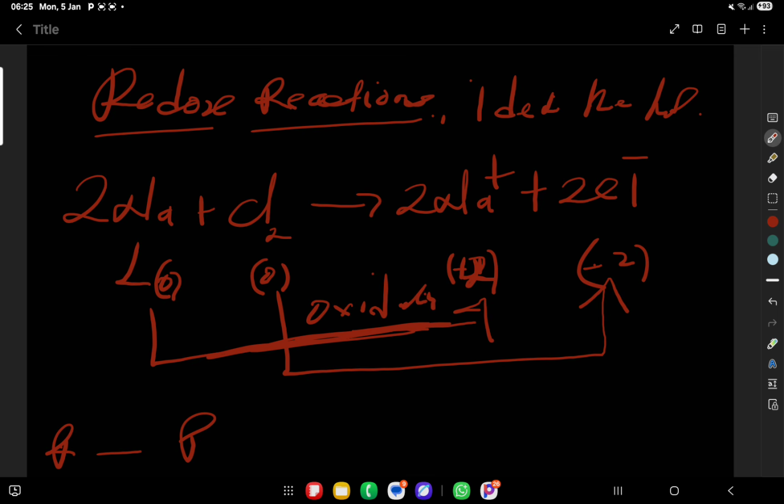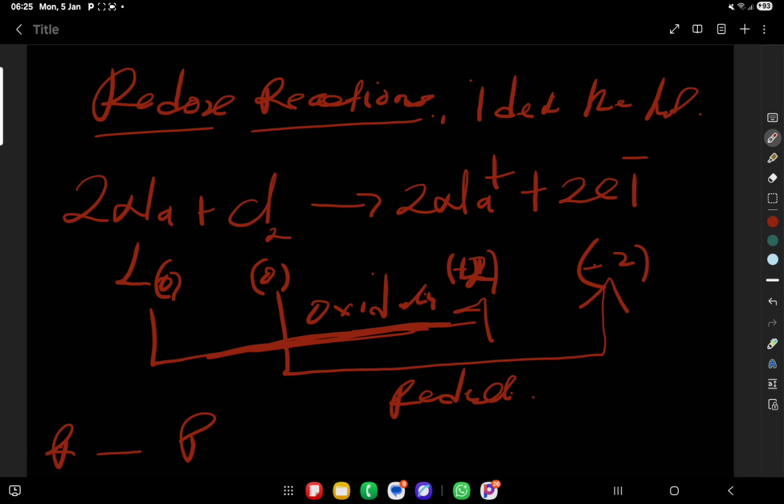Then chlorine to this one means there is a reduction. From 0 you're going down to negative 2, that's a decrease. So this is a reduction half reaction. Guys, it's very easy to use oxidation numbers to tell which one is your oxidation half reaction and which one is your reduction half reaction.